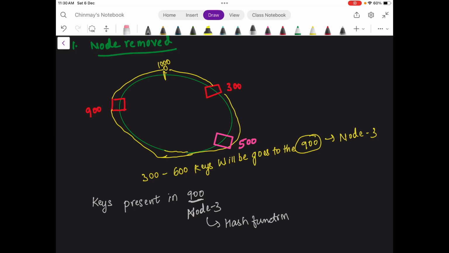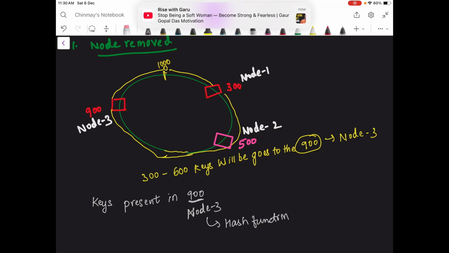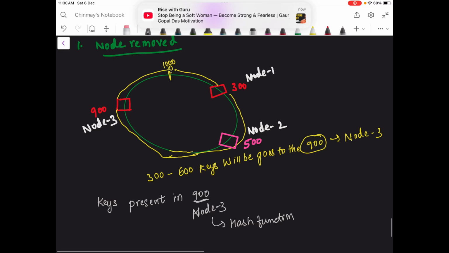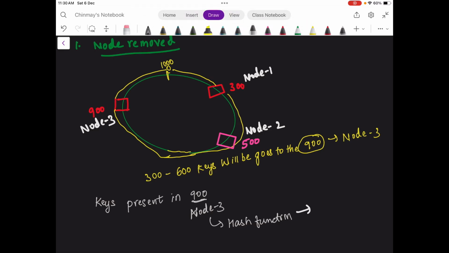To avoid confusion, it is node 1, then node 2 will be added, and this is node 3. Node 3 keys will again go through the hash function, so the keys between 300 and 500 will go to node 2, and the keys from 500 to 900 go to node 3.